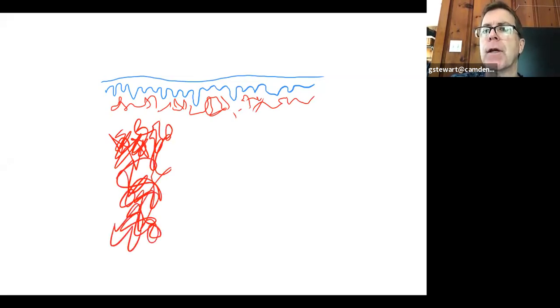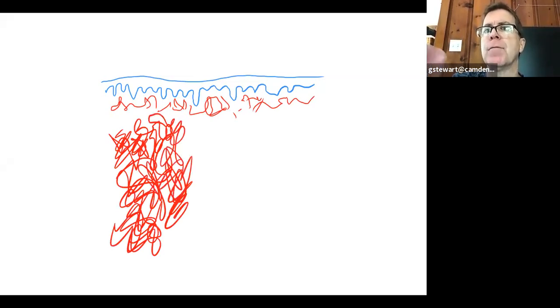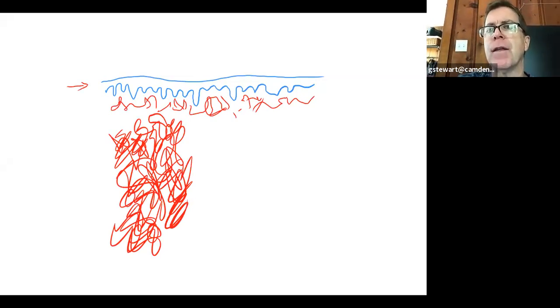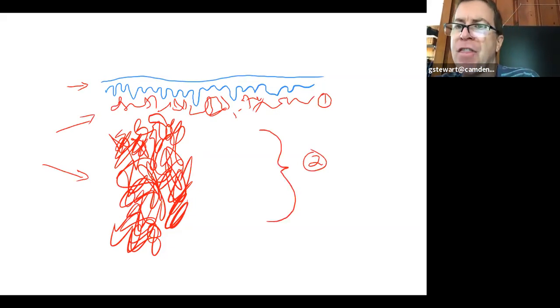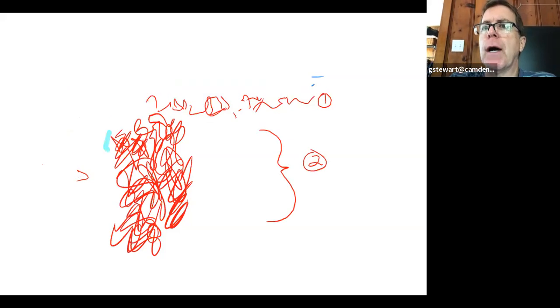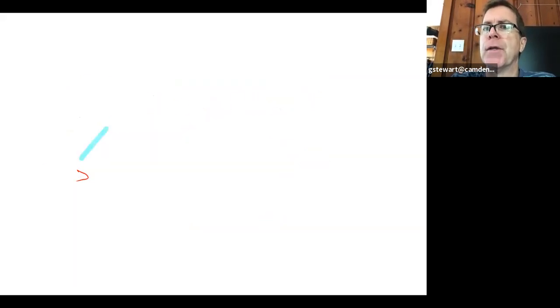So if we were to look at a real skin sample, it would look like this, meaning 5 layers of the epidermis are very thin relative to the 2 layers of the dermis. So I'm going to number these layer 1 and layer 2. Layer 2, by the way, is the deepest layer of the skin and the thickest layer of the skin. So that just gives you some sort of visual context. Now I'm going to talk about the dermis.